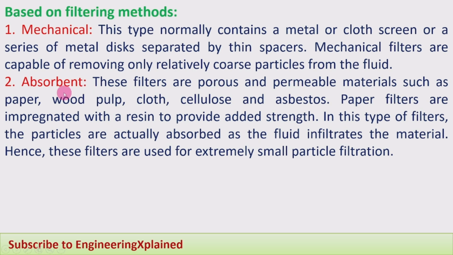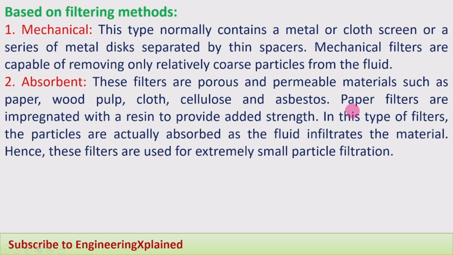The next type of filter is absorbent. These filters are porous and permeable materials such as paper, wood pulp, cloth, cellulose, and asbestos. Paper filters are impregnated with a resin to provide added strength, because the paper alone would not have the strength.